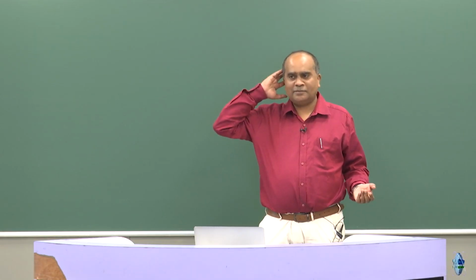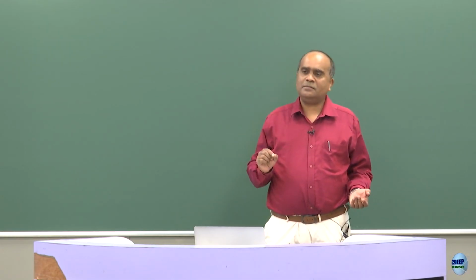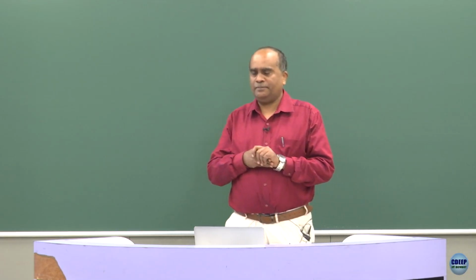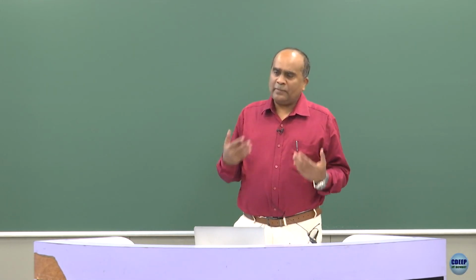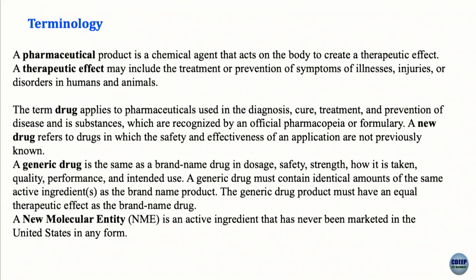Sar dard ho raha hai, you take it medicine, it creates some therapeutic effect. That's one can say it's a pharmaceutical product. So, it may include treatment, or even some kind of prevention of symptoms of illness or injury in human or animal, those will be called pharmaceutical products.